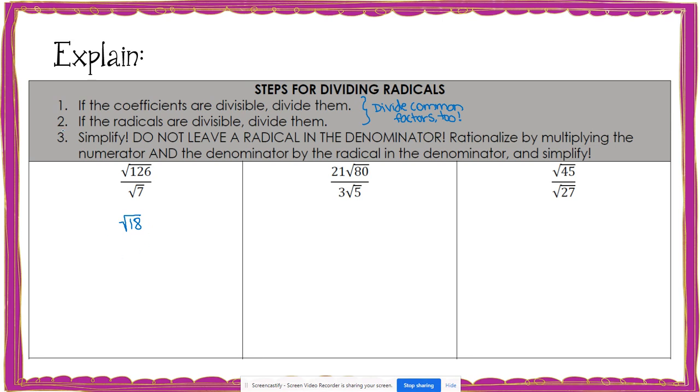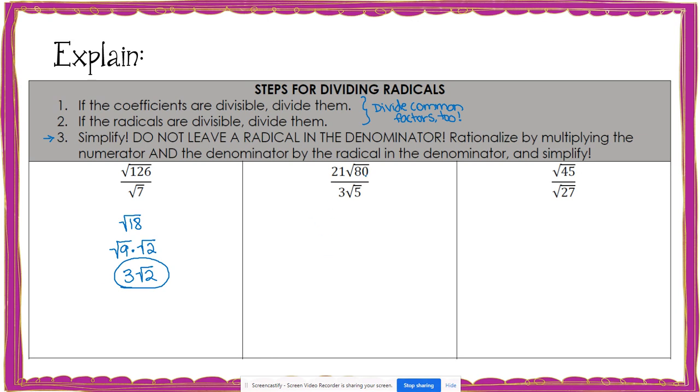Now, we know that we always need to simplify. Well, I know that there is a perfect square of 9 that will go into 18, so 18 can be rewritten as the square root of 9 times the square root of 2. The square root of 9 is 3, so this is really 3 times the square root of 2.